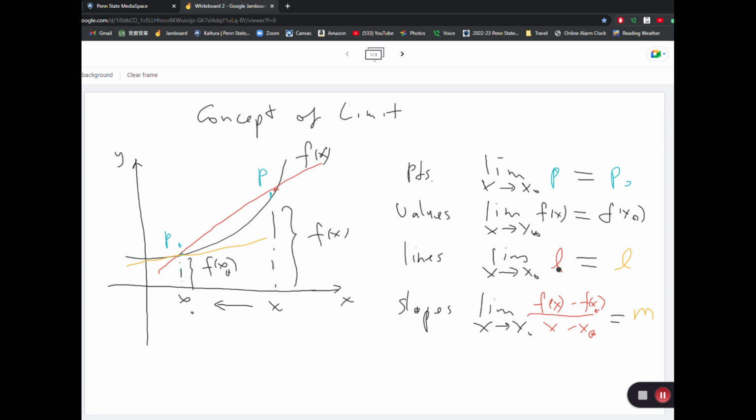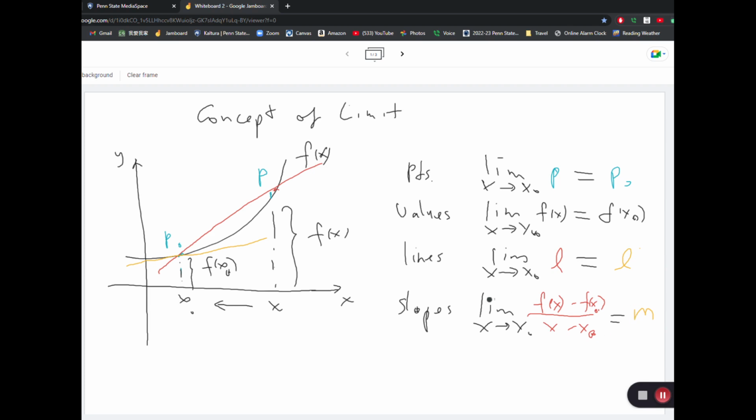All right. So there are all kinds of limits in mathematics, in calculus in particular. We mostly examine limits of values. Well, the last one is a limit of a value too, like I said, because slope is a value, right? This one is extremely important because it is what we will call the derivative.